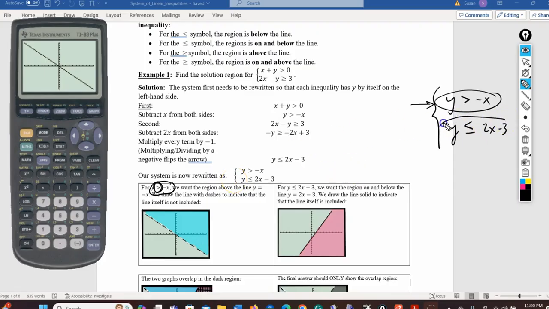Now for the second one, because of this symbol, we want the region on and below the line. So I'm going to look at the line 2x minus 3.